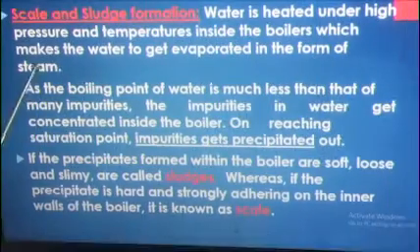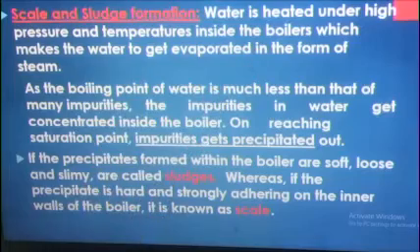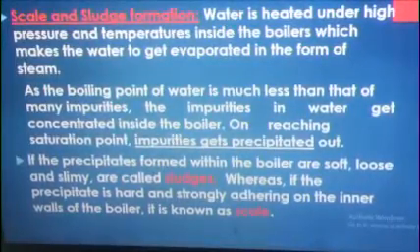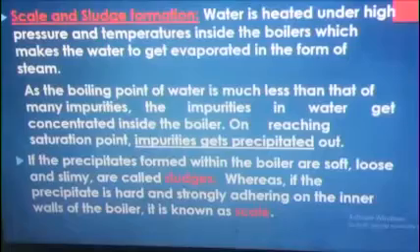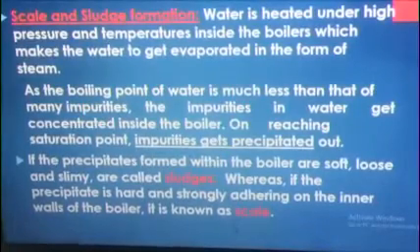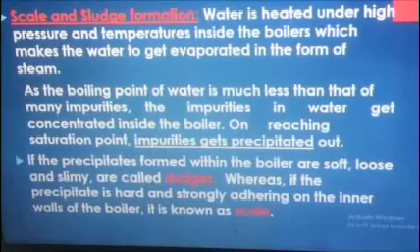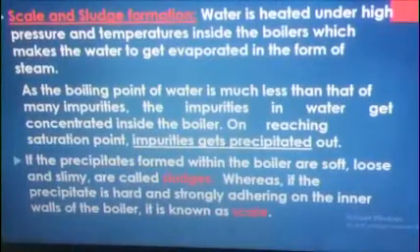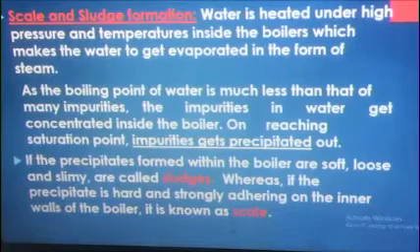What do you mean by scale and sludge formation? Water is heated under high pressure and temperature inside the boilers, which makes water evaporate in the form of steam. Now the boiling point of water is much lower than that of the impurities. So water gets converted to steam, whereas the impurities present in water get concentrated.